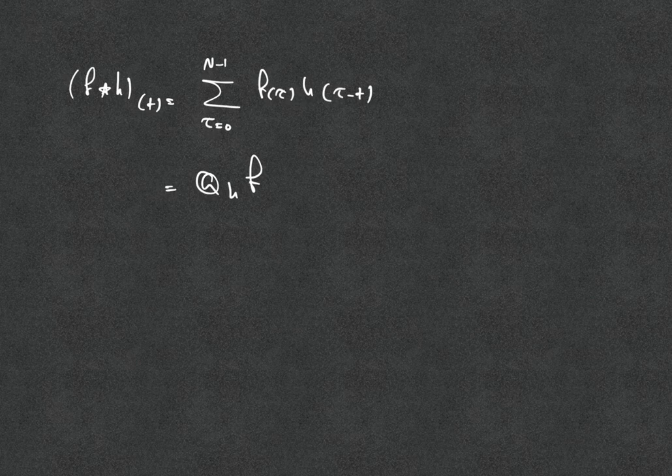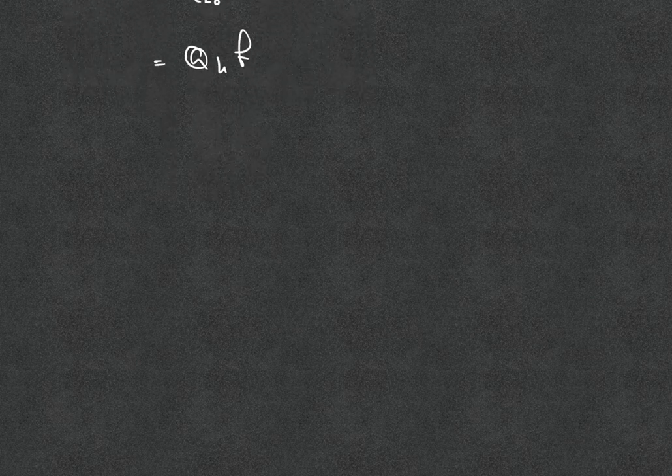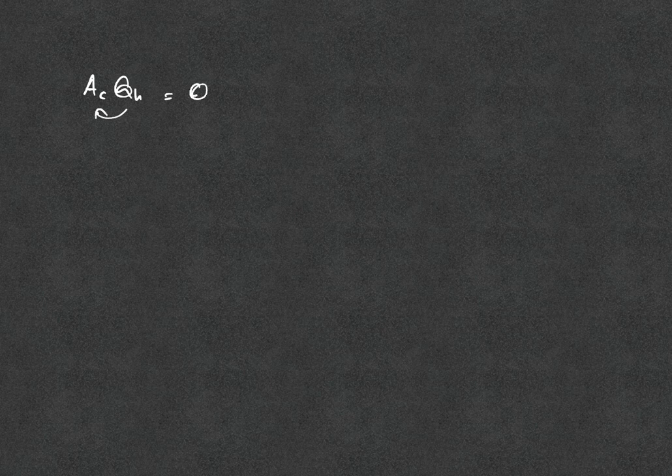One of them is commutativity with the circulant adjacency matrix, meaning that you need to have A Q_H, meaning Q_H multiplied from the right, be the same as this. And you need to also have that, like this.